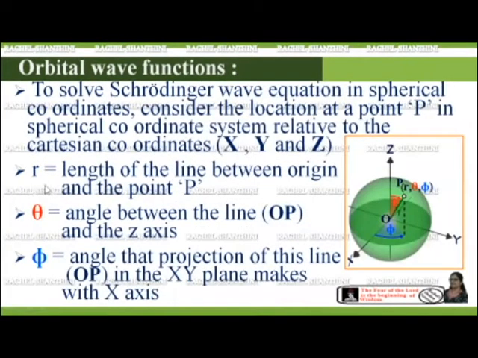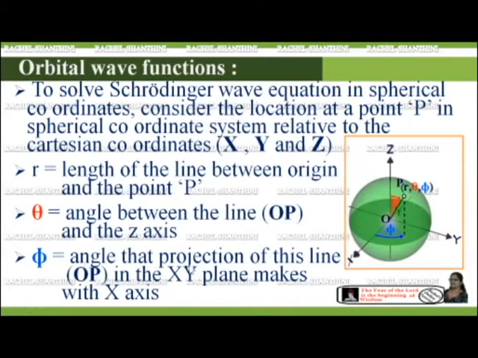Now let us see what is r, theta, and phi. To solve Schrödinger wave equation in spherical coordinates, consider the location at a point P in the spherical coordinate system relative to the Cartesian coordinates. What are the Cartesian coordinates? X-axis, Y-axis, and Z-axis. R is the length of the line between the origin, this point O, and the point P. Theta is the angle between the line OP and the Z-axis.